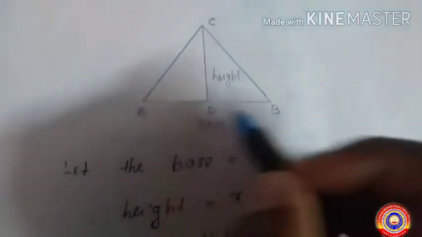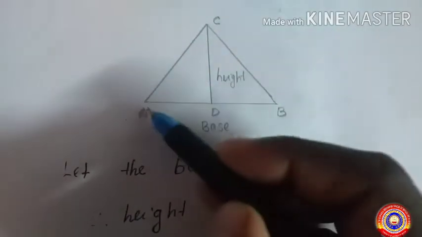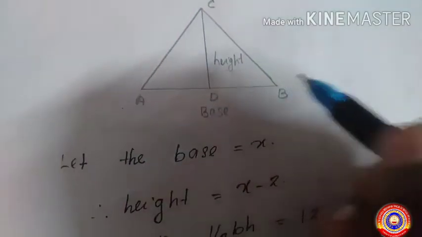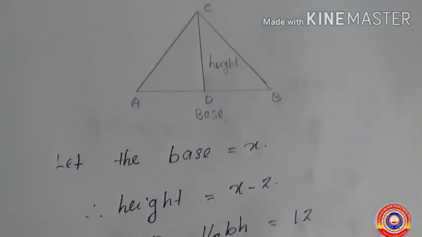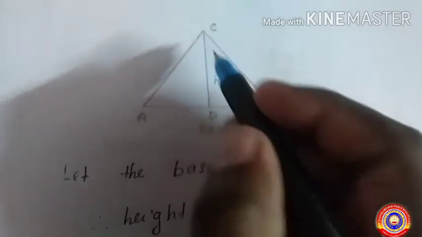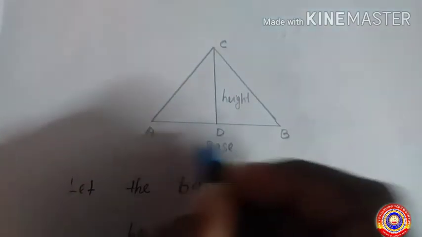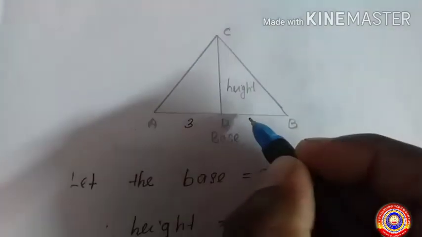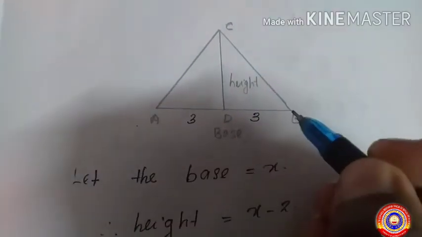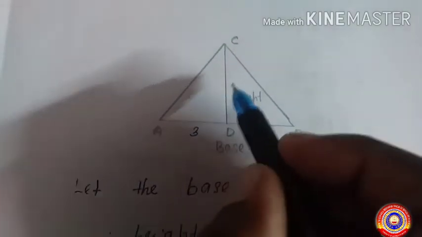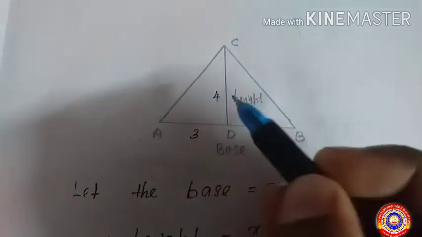Next we have to find the equal sides of isosceles triangle ABC. AC and BC are the equal sides. We know that a line drawn from the third vertex to the opposite side of an isosceles triangle meets its midpoint. D is the midpoint, so AD equal to 3 and BD equal to 3. Height is equal to 4.